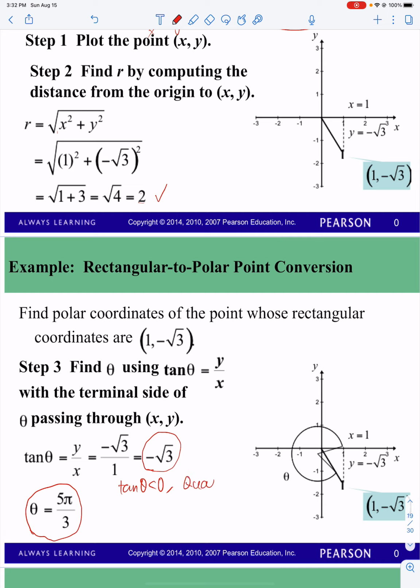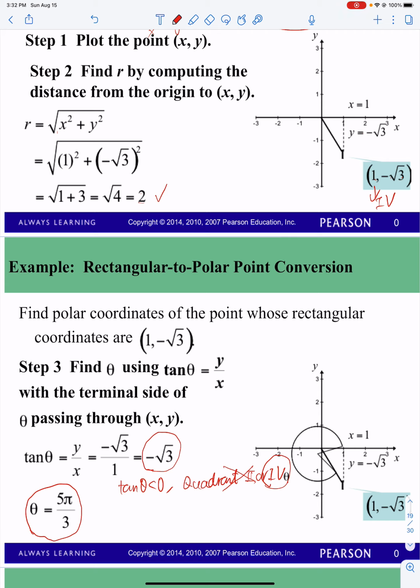It has to be quadrant 2 or 4. But 1 comma negative square root of 3 is in quadrant what? 4. So which quadrant should you choose? Quadrant 4, okay, quadrant 4 here.